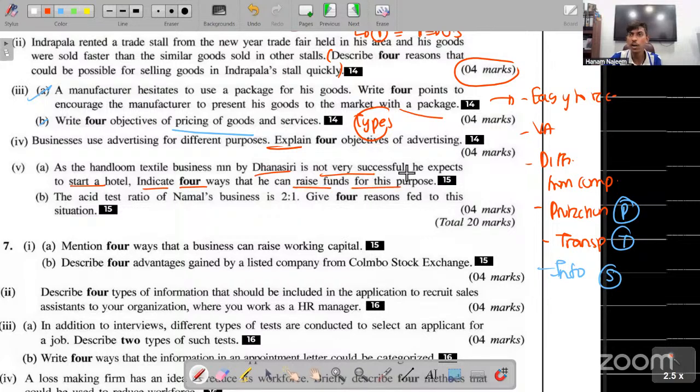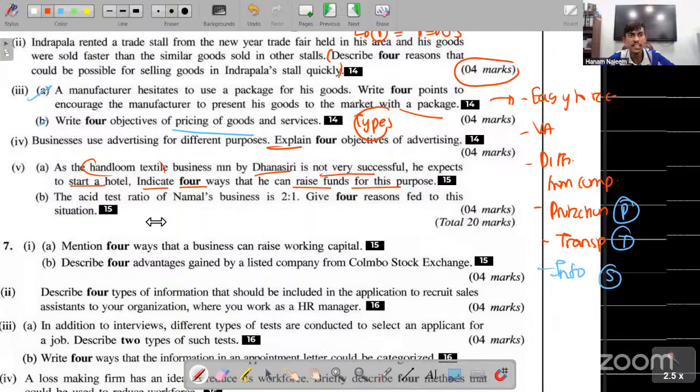So he was running a handloom textile business, which is a sole proprietor business, but it was not that successful, so he's planning to start a hotel. For that, they're asking what are the ways he can raise money. Simple, he's a sole proprietor, a single owner.